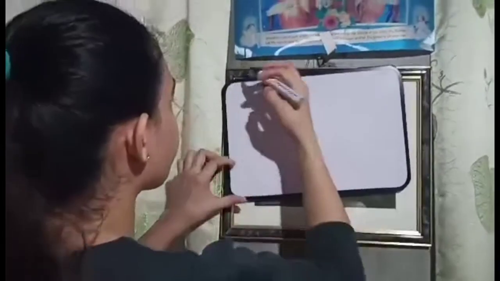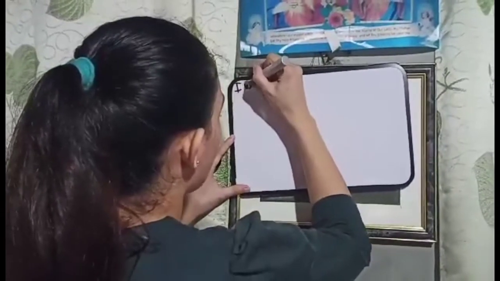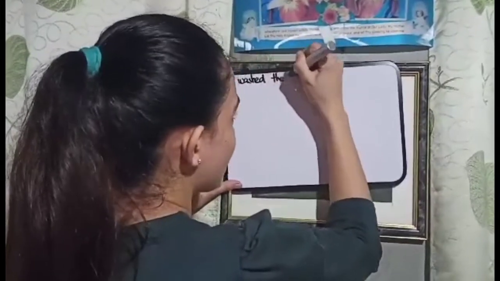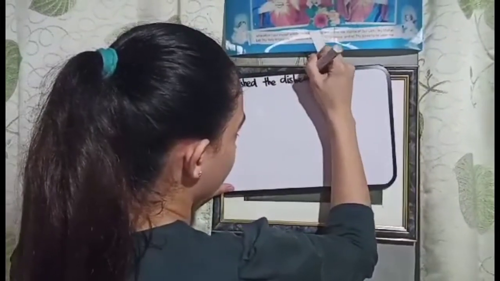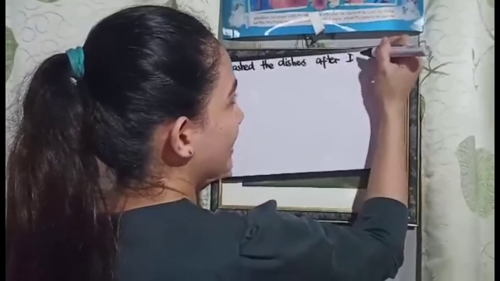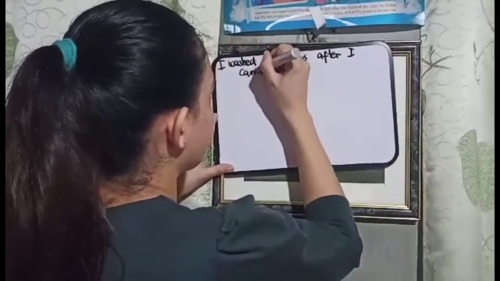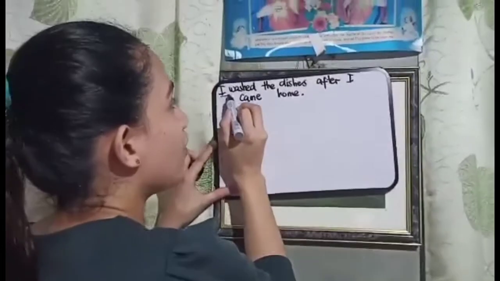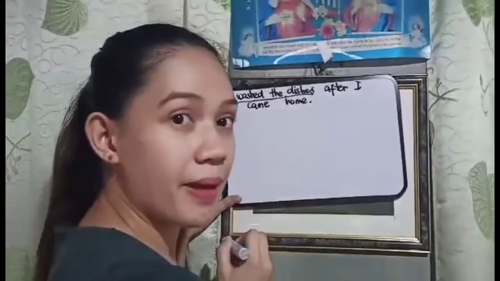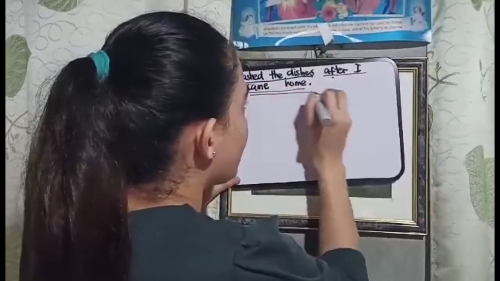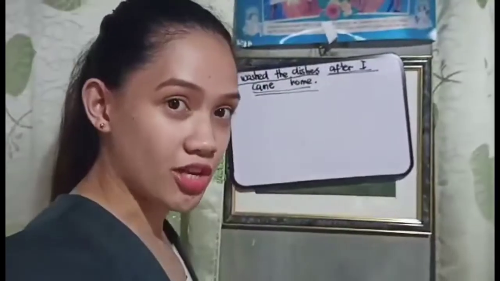For example, I wash the dishes after I came home. I wash the dishes is the independent clause, and after I came home is the dependent clause. So let's diagram it.